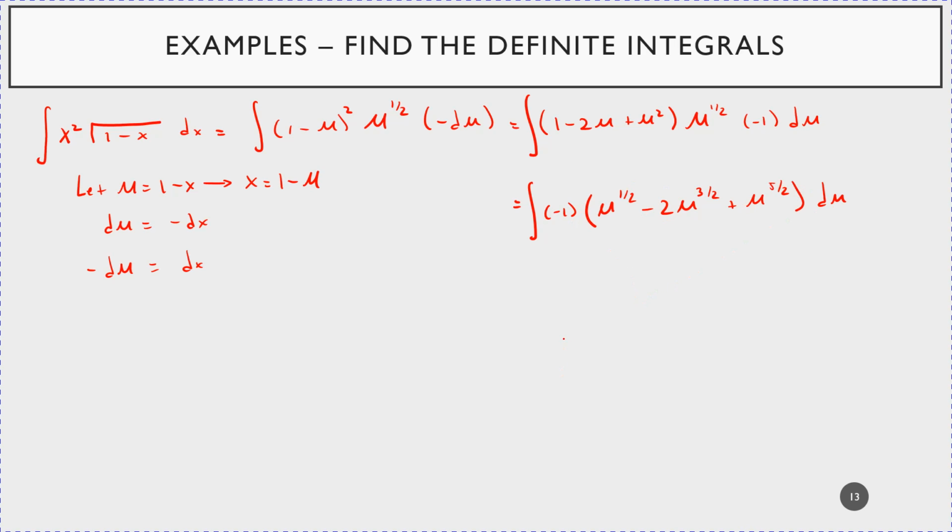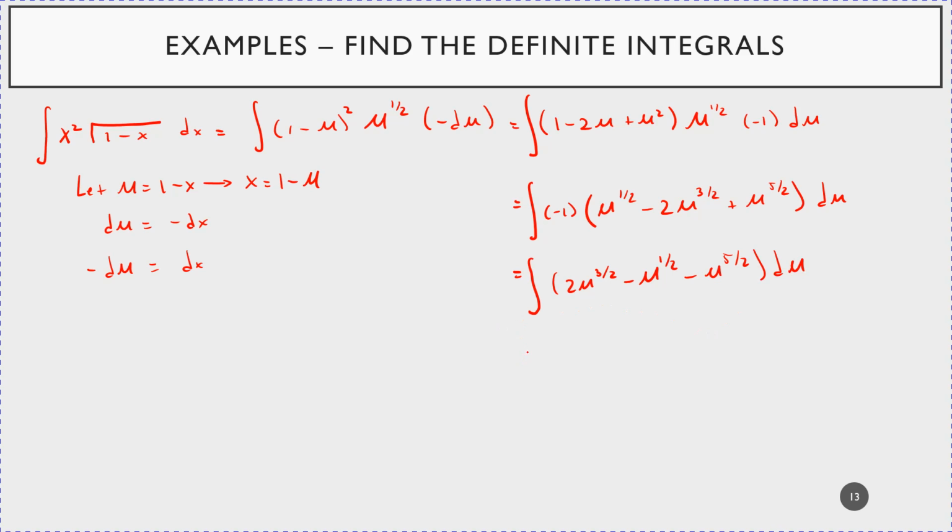And then you need to distribute the negative, so this is why you've got to be very careful. I'm going to put the positive term first. So the negative becomes 2u to the 3/2 minus u to the 1/2 minus u to the 5/2 du.